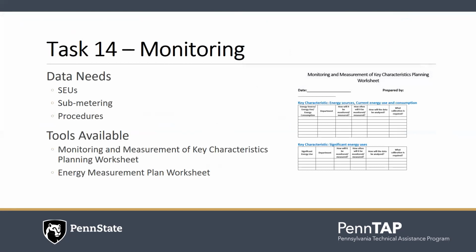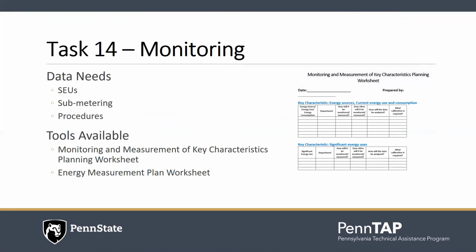That's sort of a case-by-case evaluation to determine, should we put a sub-meter on this to see how much electricity is going to our process line, or should we develop procedures where people are taking records of how much energy is used continuously?